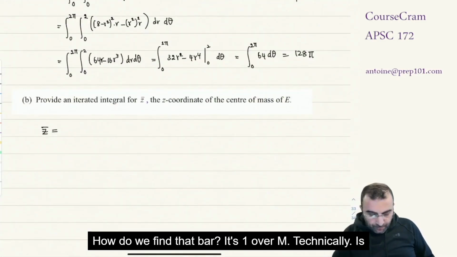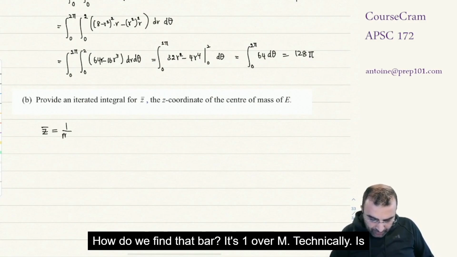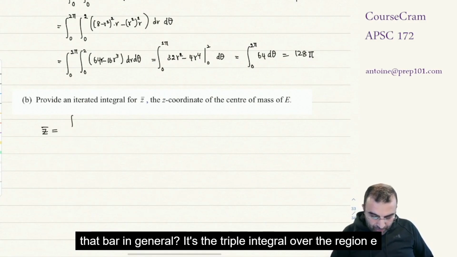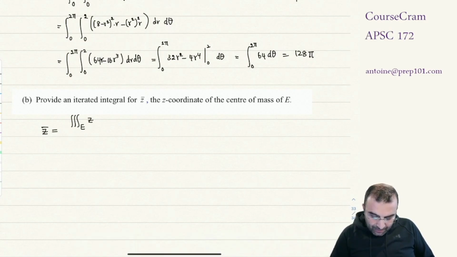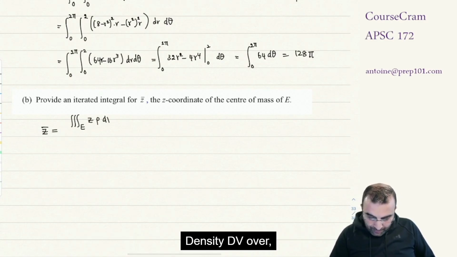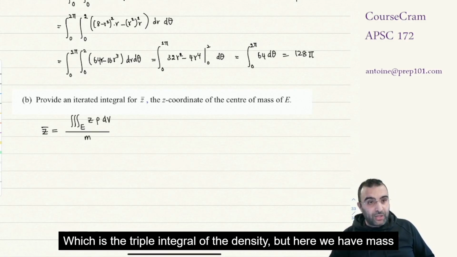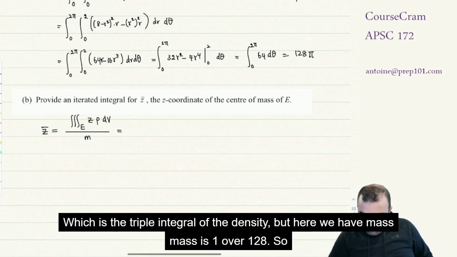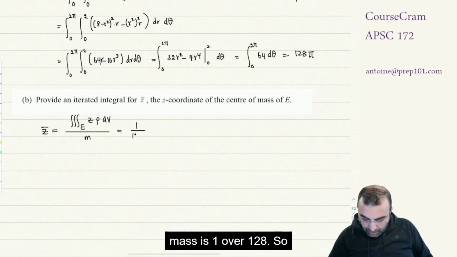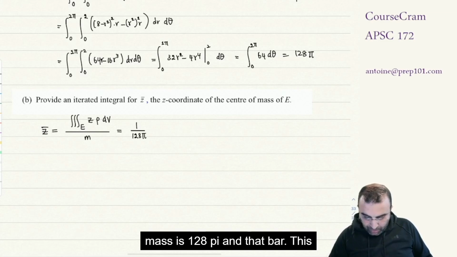So how do we find z bar? Technically, z bar in general is 1 over m times the triple integral over the region E of z times density dV, where the mass is the triple integral of the density. But here we have the mass: mass is 128 pi.